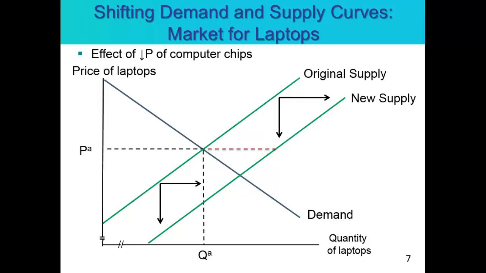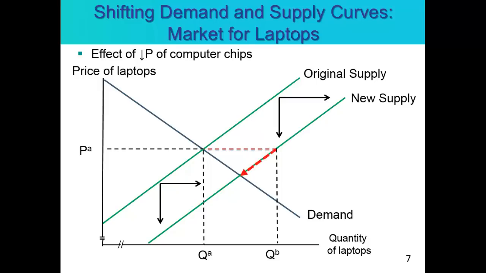At the original market price, we currently have a surplus. As you can see, at the original price of PA, the quantity supplied, which is QB, exceeds the quantity demanded of QA. So with that surplus, remember what happens. The firms will start to compete against each other by lowering their prices.